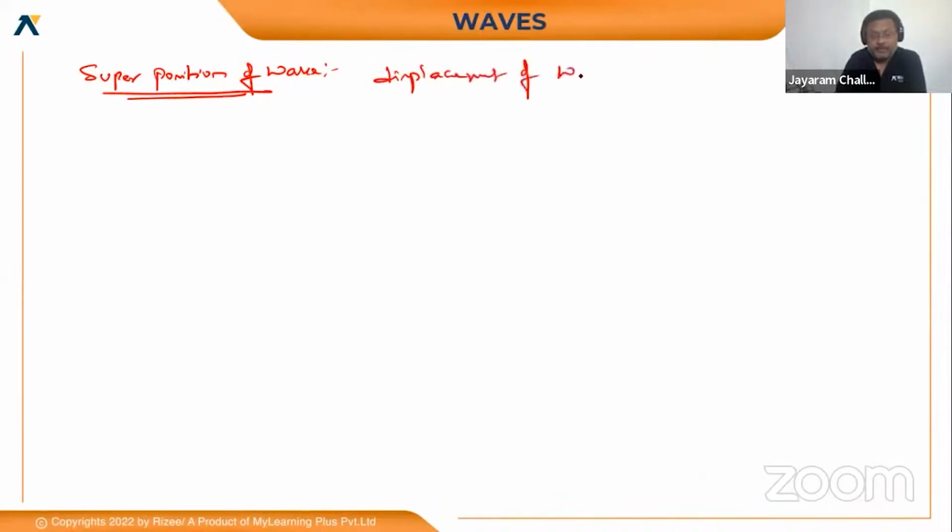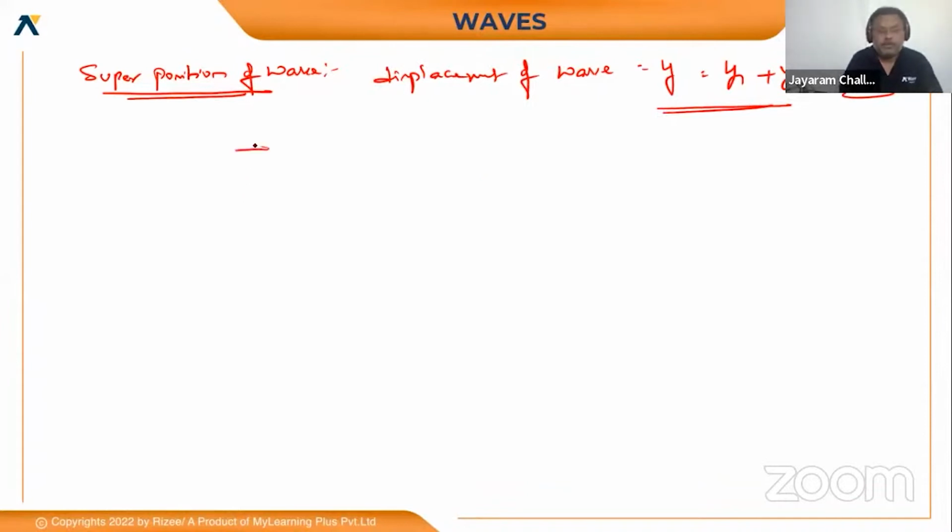The total displacement of the wave is y, which is equal to the displacements of the individual waves, y1 plus y2 plus so on. This is called the principle of superposition. So according to the principle of superposition, you can handle this particular thing. This is the displacement of any particular wave.